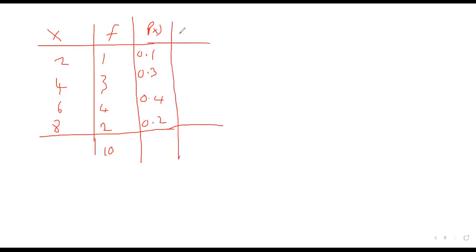So xp(x) is 0.2, 1.2, 2.4, finally 1.6. Total them up: 5.4. This is our expected value.